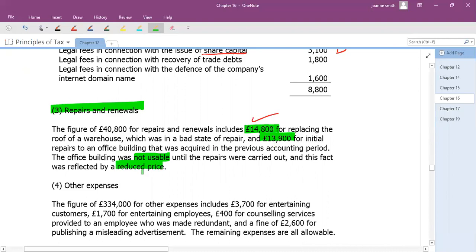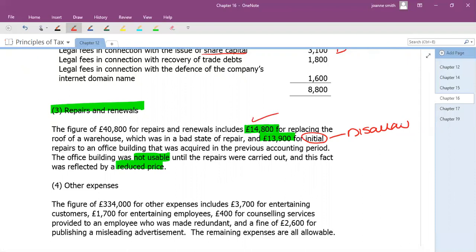So this is a bit like the question that we did in the last example. Anything that's to do with initial repairs that we have to do to get the asset into working order, and we can't use it without it, then that will be disallowed. It would be a different story if you bought the asset and it didn't look great, but you could still use it, and over time you did the repairs, that would be allowed.